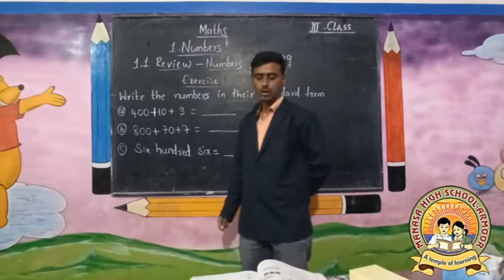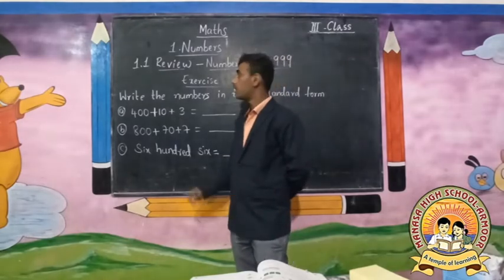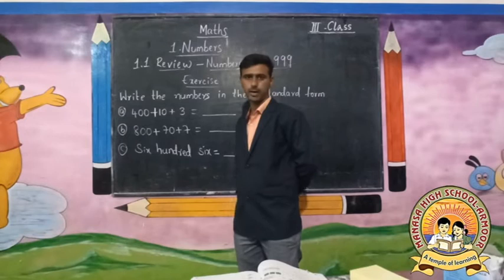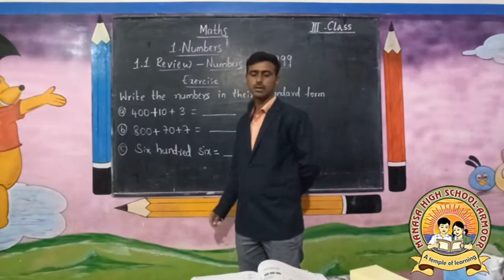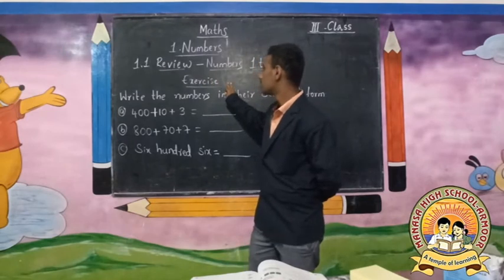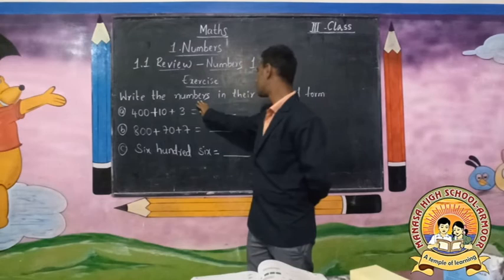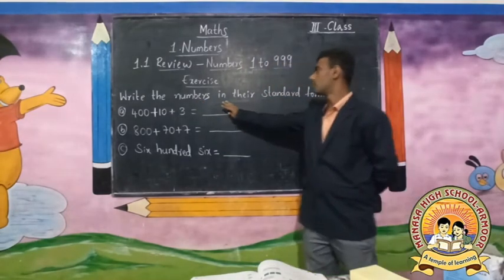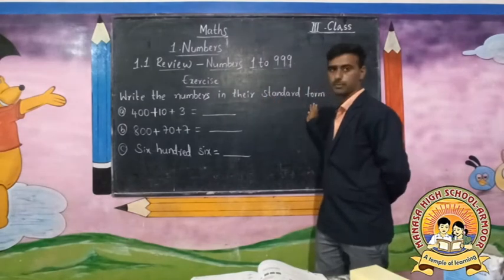Children, now you have learned 1 to 999 in your previous class. Now, let us go to the exercise. Write the numbers in their standard form.